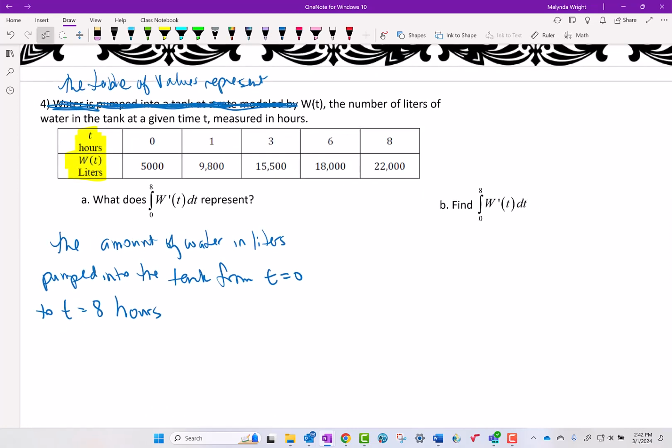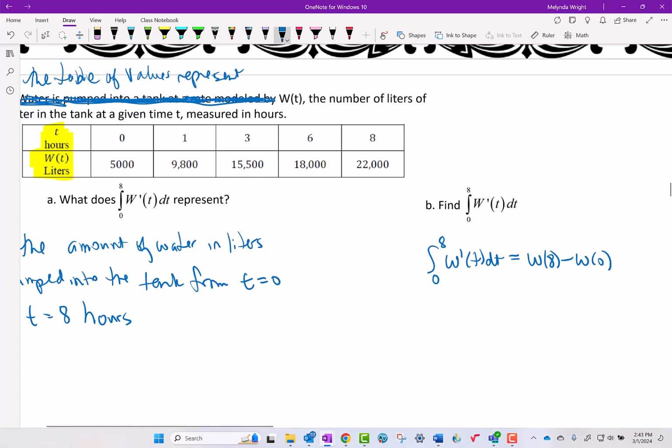So there must be a way. Let's think about this. So if I'm integrating from 0 to 8 of W prime of T dt using the fundamental theorem, the antiderivative of W prime would be W, right? So W of 8 minus W of 0. That's really what I would get. That's what the fundamental theorem tells us, right? So do I know what W of 8 and W of 0 are? I do, don't I? Aren't they on the table? So I can just use those values off the table.